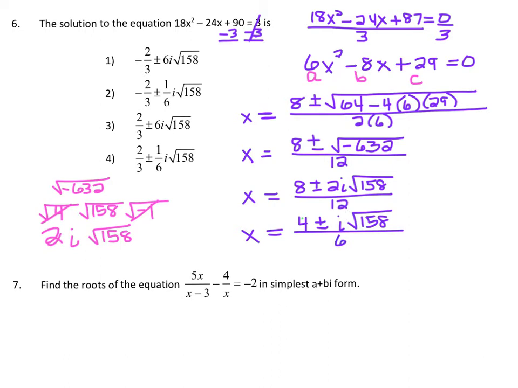All right, so that leaves us with, well, you know what? If you look at the answer choices, they break it up into a plus, really plus and minus, bi form. So we're going to do the same thing here. I'm going to break this up into 4 over 6 plus and minus, and I'm going to write it just as I see it, i radical 158 over 6.